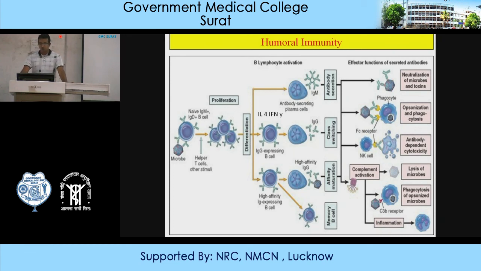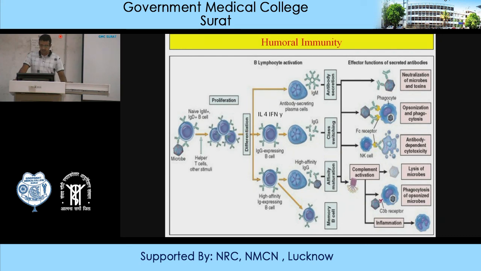All these antibodies, IgM, IgG, high affinity IgG or IgE, help against the various microbes. How do they eliminate the microbes? They induce neutralization of the microbial toxins. They can cause opsonization and phagocytosis of the infected cells.